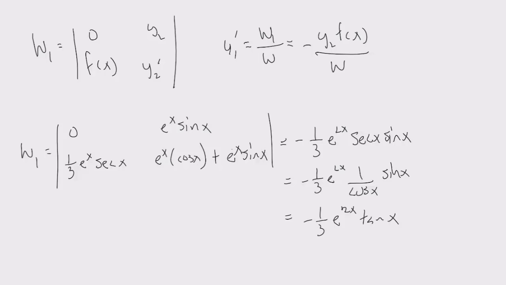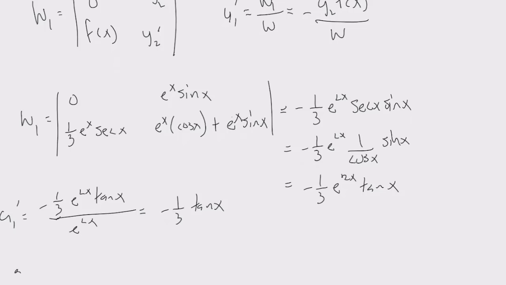Then to get u1, so negative 1/3 e to the 2x tangent x, and I'm dividing that by e to the 2x, so that's just negative 1/3 tangent x. And then I want to take the derivative. I'm sorry, I want to take the integral of, rough morning for me where I'm doing this.